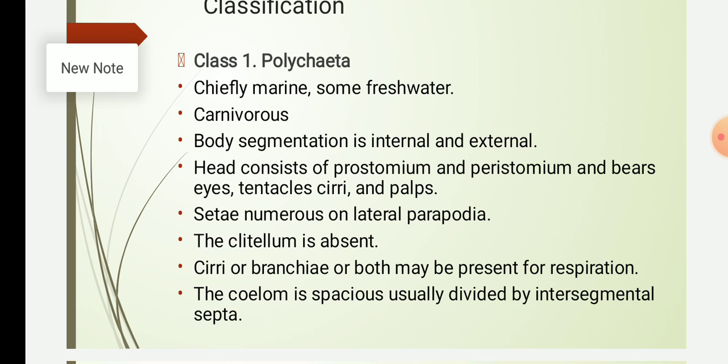Whereas the peristomium is the first true segment in the anterior part of the annelid, placed behind the prostomium. The prostomium and peristomium together form the head, which bears eyes and other sensory organs.